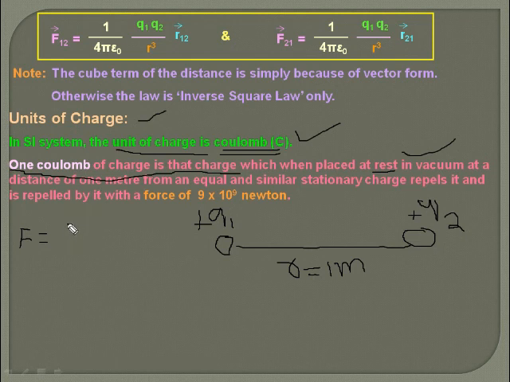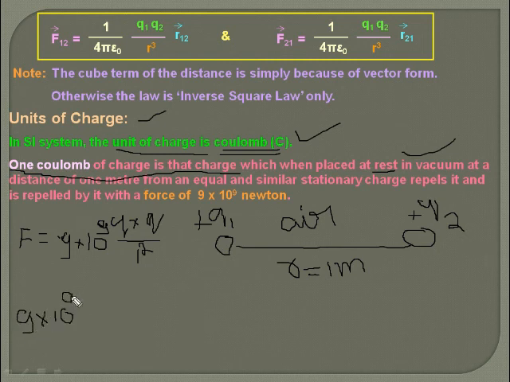So these two charges have the same magnitude. Let's assume that both have the same magnitude q. The distance between them is 1, so 1 square will be 1. These charges are kept in air, so the constant value can be written as 9 into 10 to the power 9. If this force also has a value of 9 into 10 to the power 9, then these constant terms will be cancelled out.